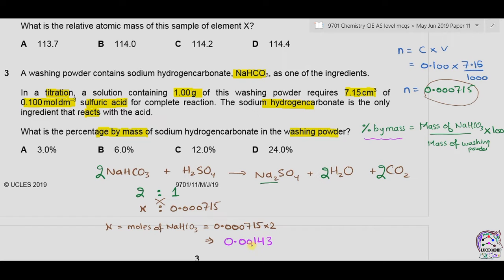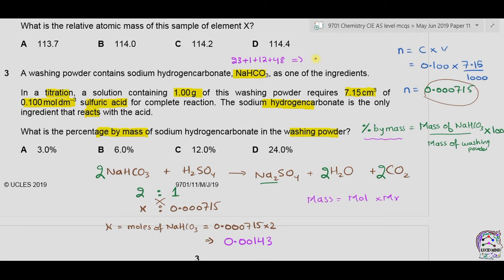In percentage by mass formula, we are going to use the mass of substance, not the moles. So let's first convert this number of moles into mass. The formula is mass is equal to moles into MR. The molecular mass of sodium hydrogen carbonate can be calculated. We have 1 sodium atom, which is 23, 1 hydrogen, which is 1, 1 carbon, 12, and 3 oxygen atoms that combine together to form 48.